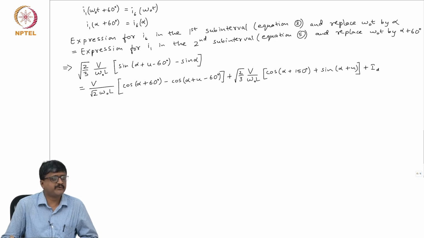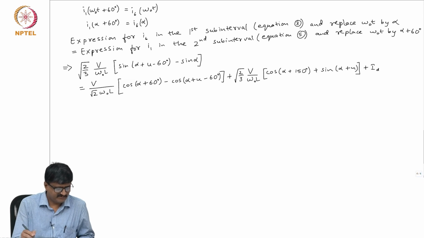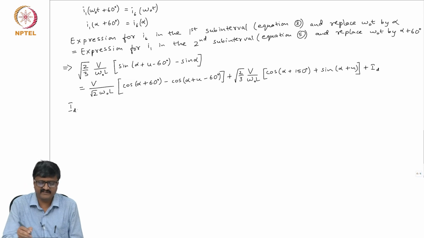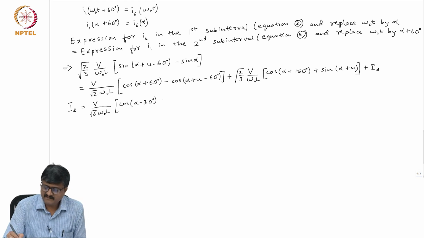Now, I will leave it to you to simplify this equation. Some trigonometric manipulations have to be done. So, it can be shown that ID, which is appearing as the last term on the right hand side, is equal to V by root 6 omega OL into cos of alpha minus 30 degrees minus cos of alpha plus u plus 30 degrees.